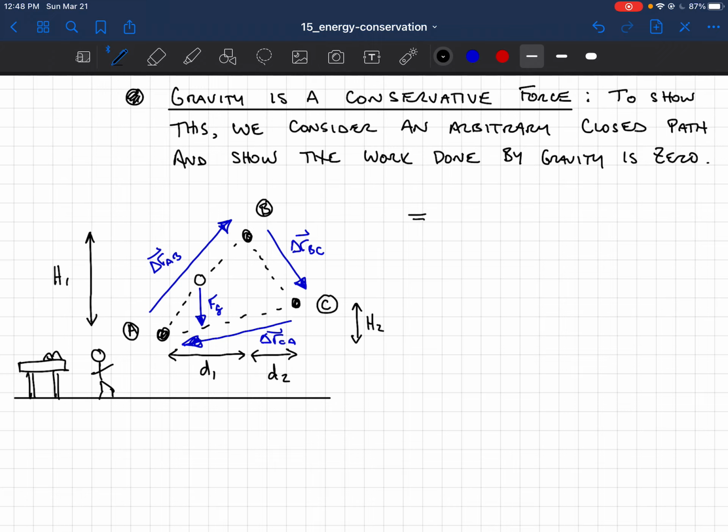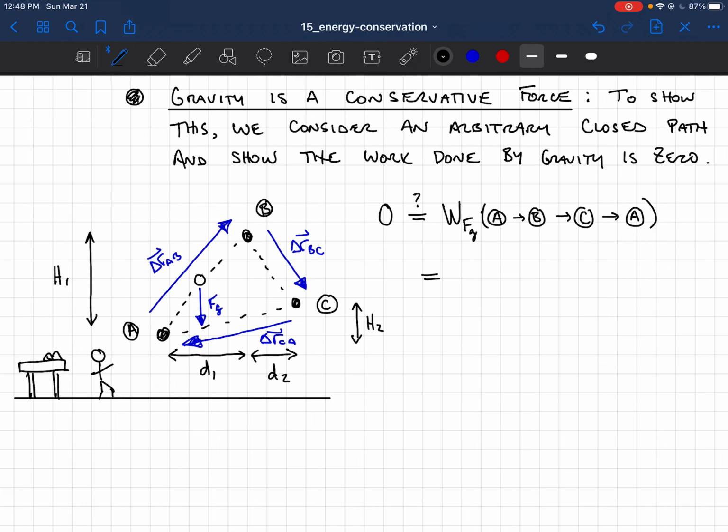I guess we could start out by saying, is this really 0? That's what we want to find out. So the work done by the force of gravity in going from A to B to C and back to A again, that's what we want.